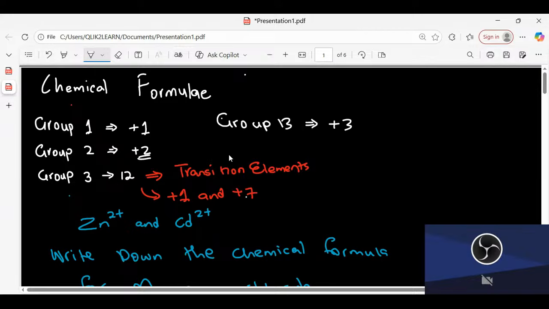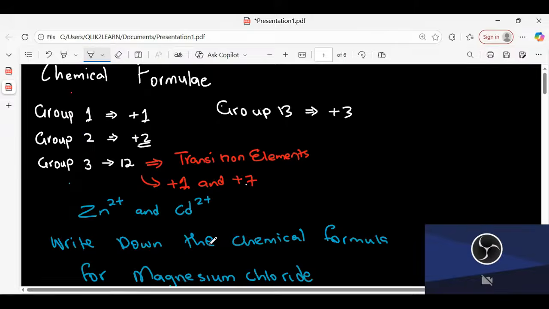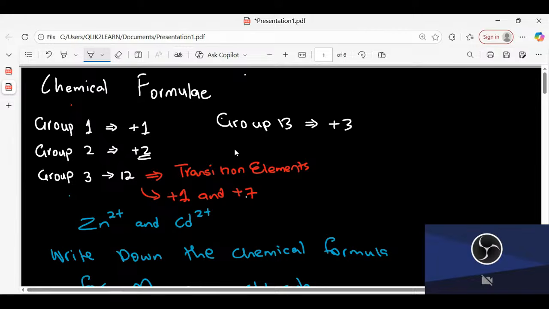Then let's say group 14 to 17. This is what I need to introduce now. Please pay attention on this one. Those that are in group 14 to 17 will become negative ions with a charge that equals 18 minus the group number.